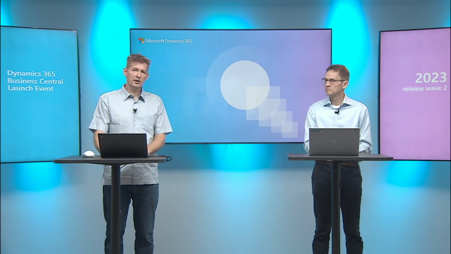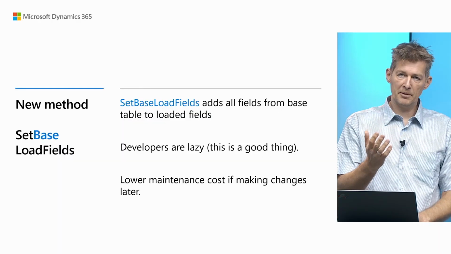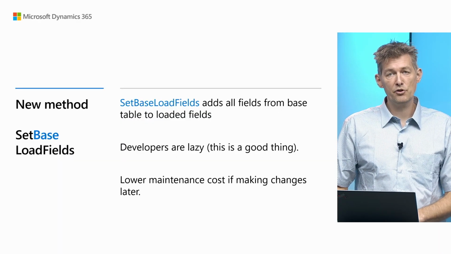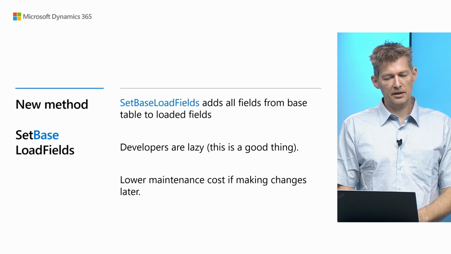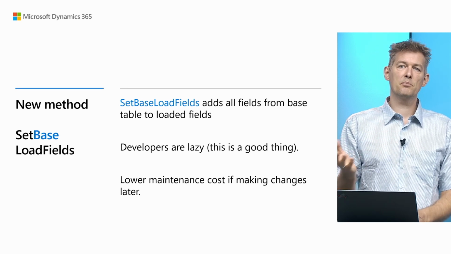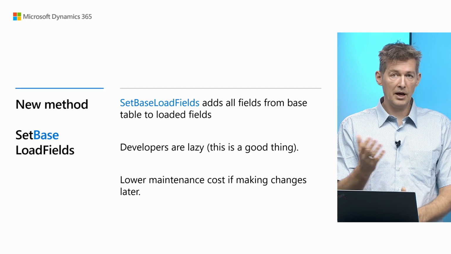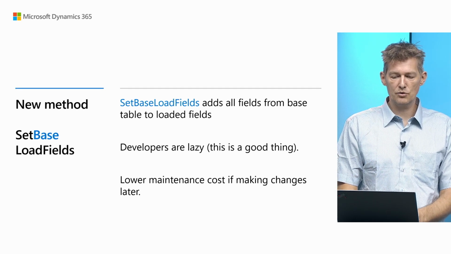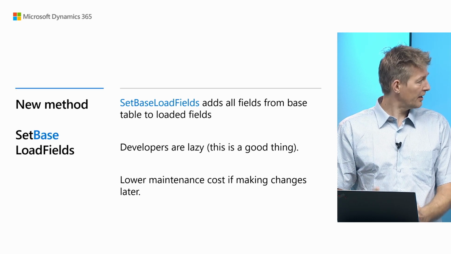Speaking of helping, we had our own app teams asking for this, and it might help you as well. So if you write code and you're the owner of the base table, it might be that you want to be able to set to load all the base fields. So we now have a new method that allows you to do that. And we know developers are lazy, and that's a good thing.